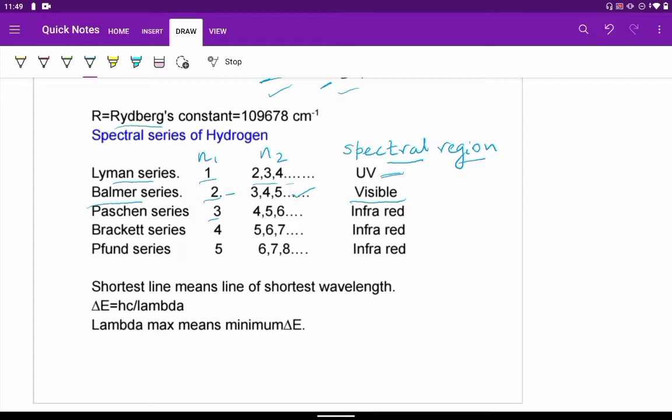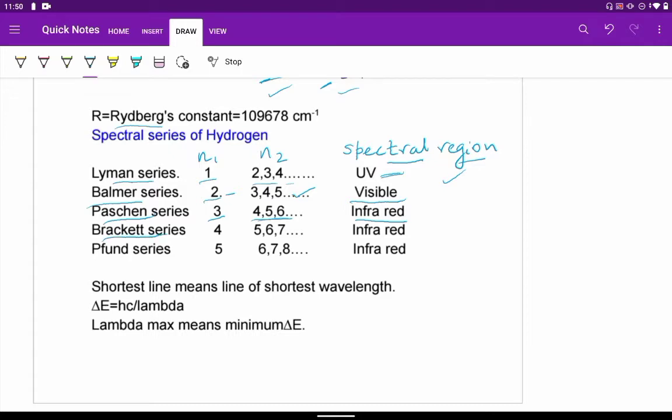When the lower energy state to which the electron is jumping back is 3, from the higher energy levels like 4, 5, 6 and so on, this series is termed as Paschen series and it falls in the infrared spectral region.